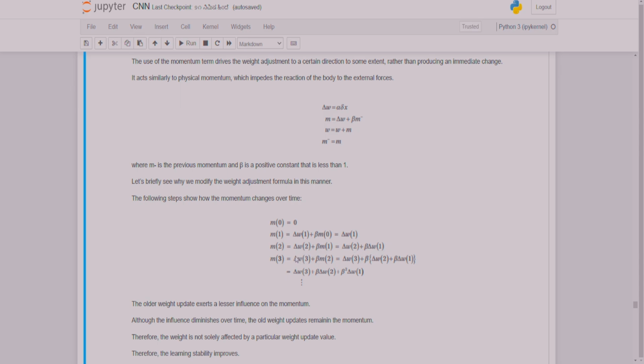Similarly, you can extend this further. Get m of 3: delta W3 plus beta times m of 2. Beta is again a constant, and m of 2 is my previous momentum. So that can be expanded like this.